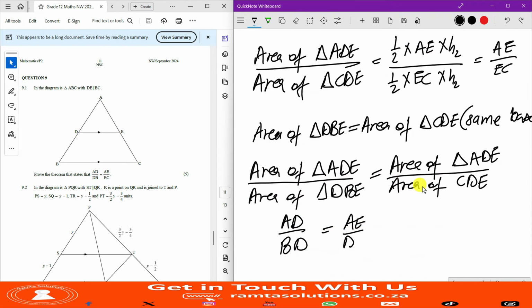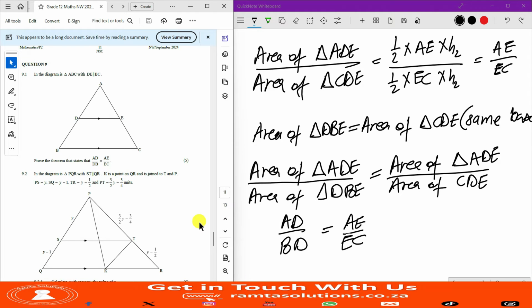So sorry about that. Therefore it is EC. Then we have proved the theorem, the proportionality theorem.